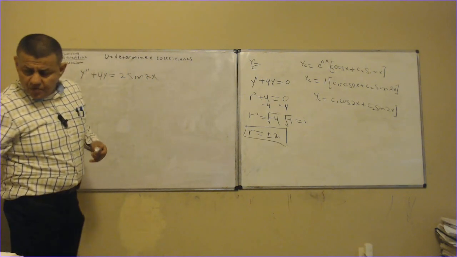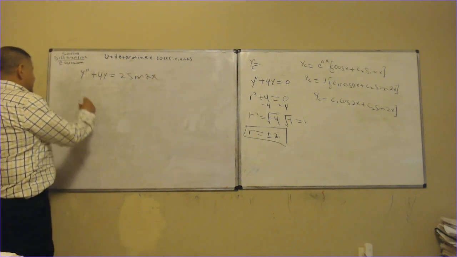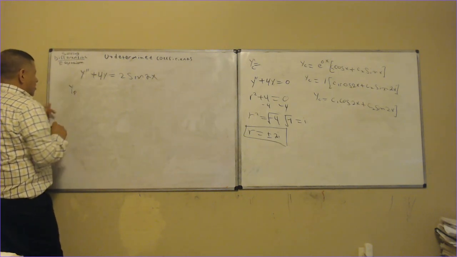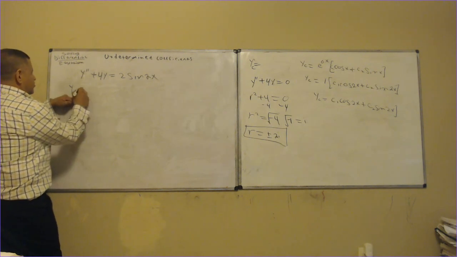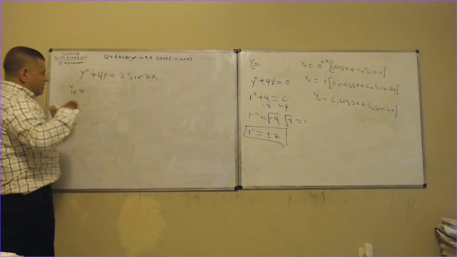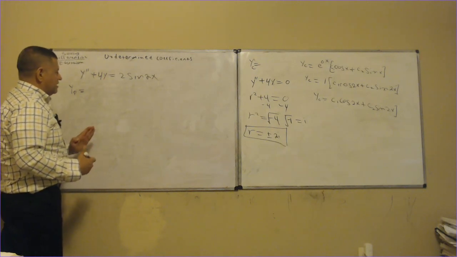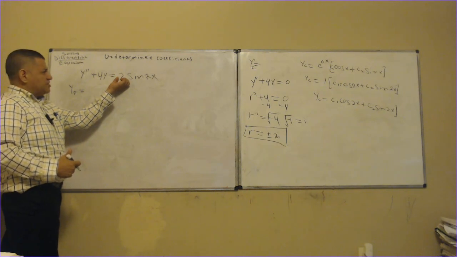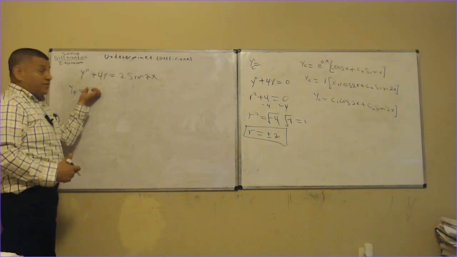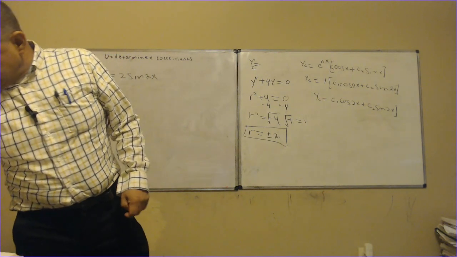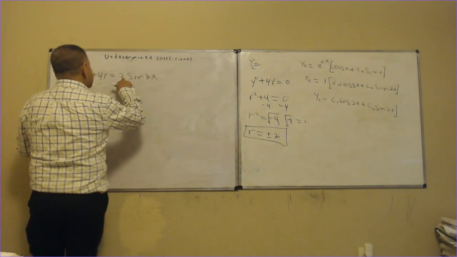Now we need to find y_p, the particular solution, which is going to be equal to some number on the right. We have a 2 over here, but we're not going to worry about the 2. Actually, if I wrote it right, it's a 3.